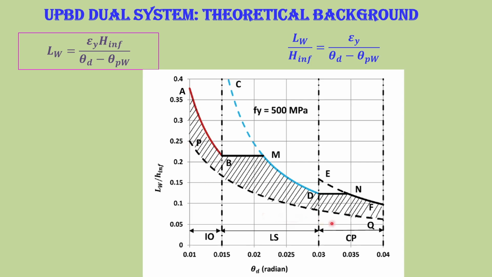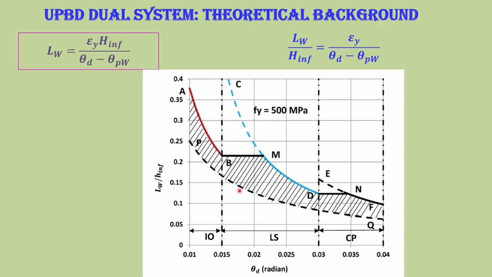So this dotted line PQ indicates the elastic condition of the wall. Okay, and if you go above this line, then you are entering into plastic condition of the wall. More you go upward, more plasticity will occur in the wall, but you cannot go beyond this upper bound, which is given by the A, B, M, D, N, F line.